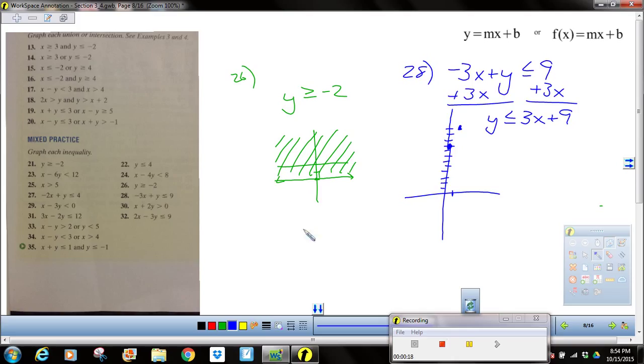It has the equal to part. It'll be a solid line. And y is on the small part, y is less, and so it will be the region below. That will be shaded. That was number 28.